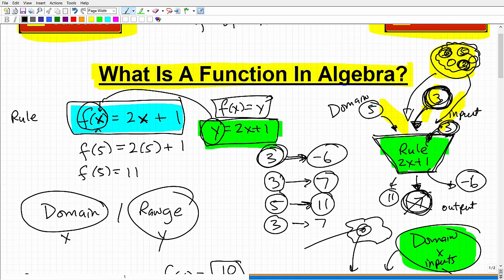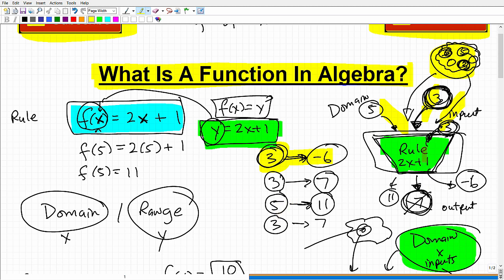So a function is essentially a rule, such that we plug in input values into this rule and we get output values. The input values are the domain, and then we generate output values, which we call the range. The main idea of a function is that the input values go to one and only one output value.